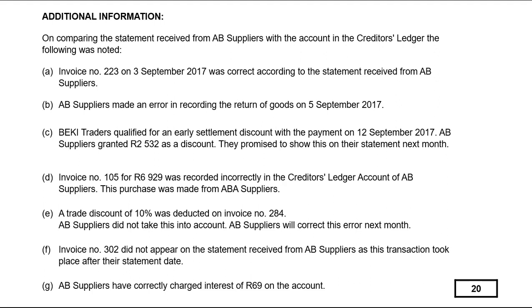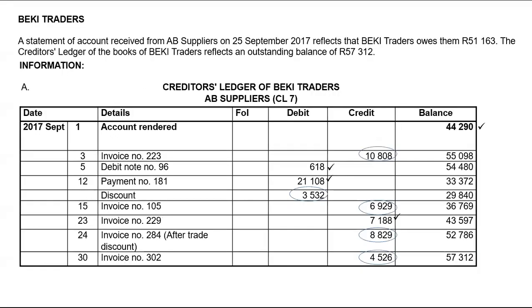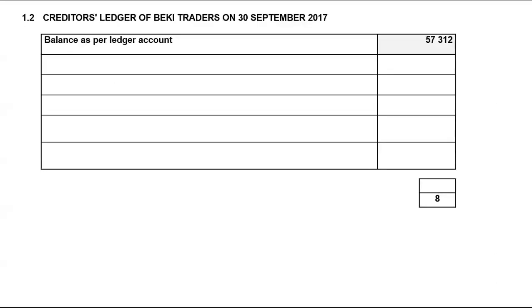Now let's see what the difference is so that we can determine whether when we correct it, do we add or do we subtract? According to the statement, that invoice should be 10,296, but we recorded it at 10,808. So we need to reduce what we owe them in our creditors ledger by the difference. So you will take that 10,808 and subtract 10,296, and the difference you will simply subtract because we overstated the invoice.